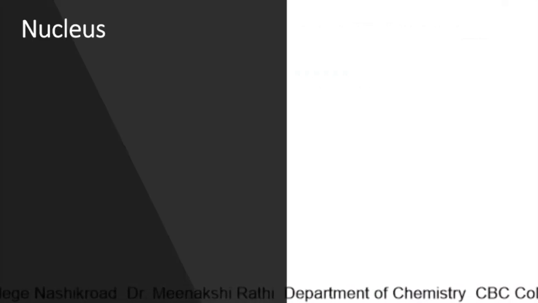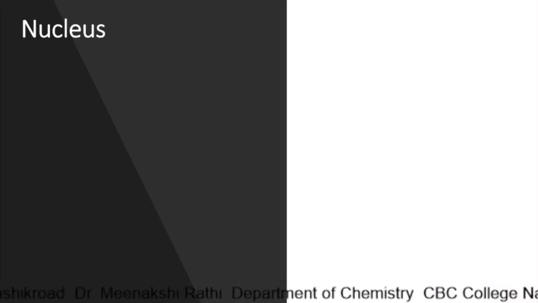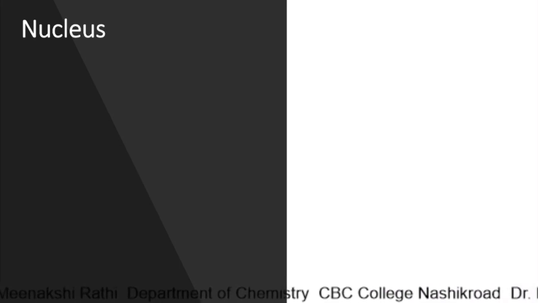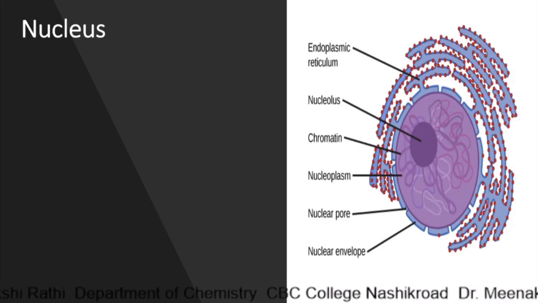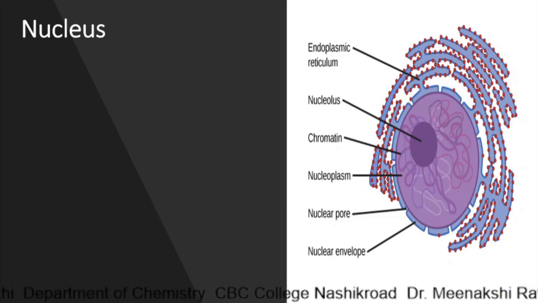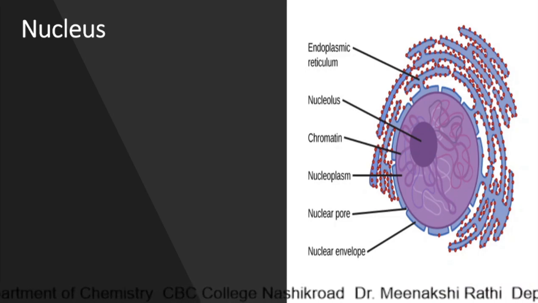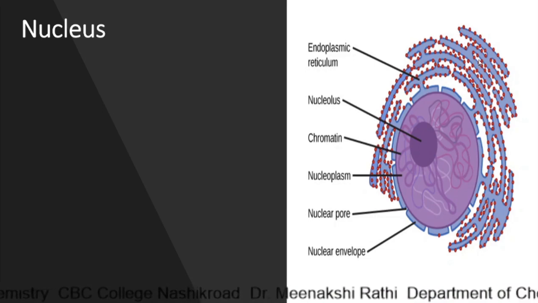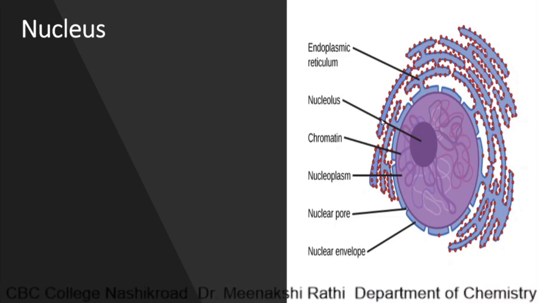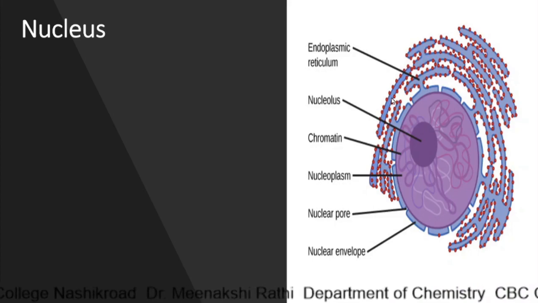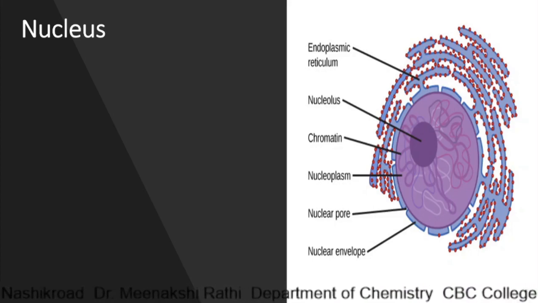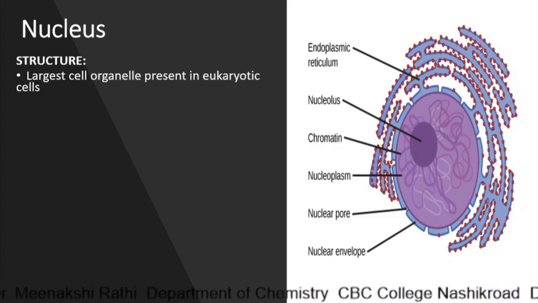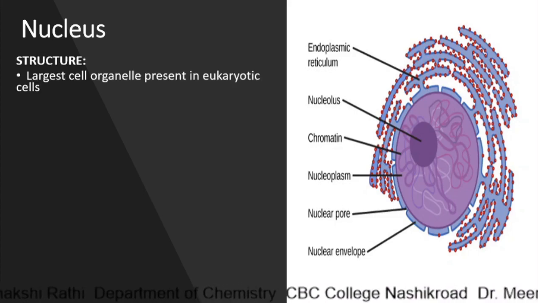Now we will discuss the next and one of the most important cell organelles, that is the nucleus. This is the structure of the nucleus. You can see the nucleus is attached to the endoplasmic reticulum. The nucleus is the largest cellular organelle present in eukaryotic cells.